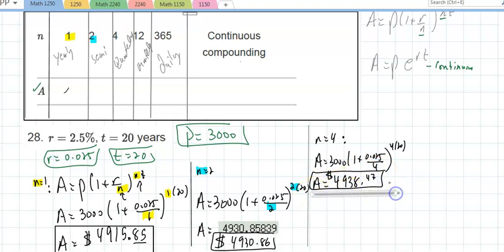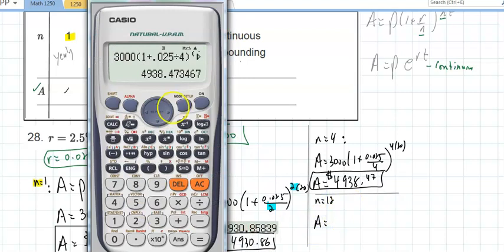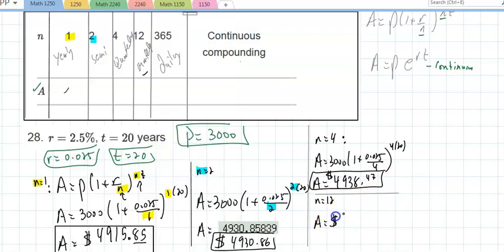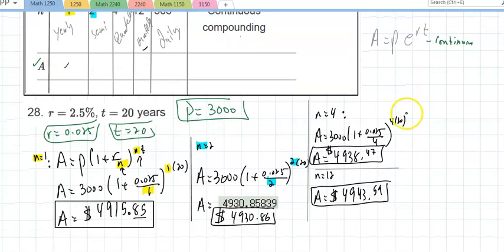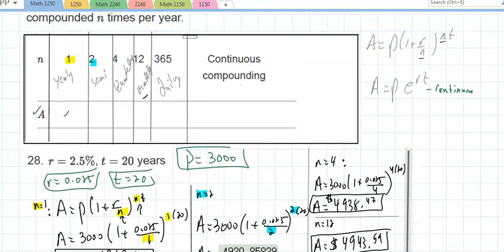And when I go to monthly, n equal 12, again, A will equal, now I'm just going to go back and put a 12 there, and go back and put a 12 there. Make sure you know how to use your calculator. That's $4,943.59. And if I go for daily, I'm going to replace that by 365.